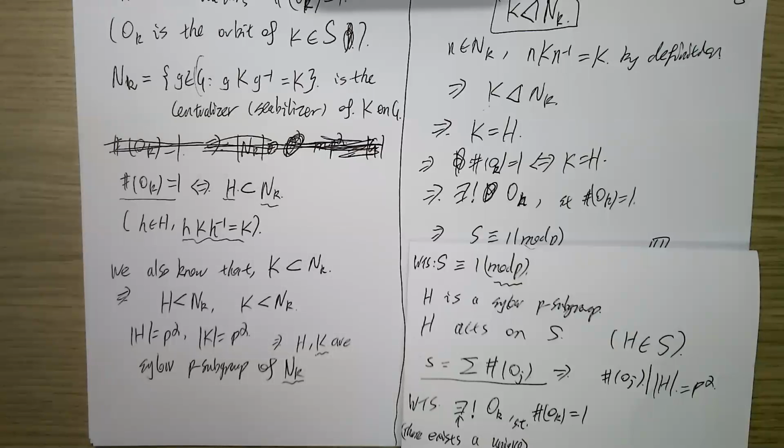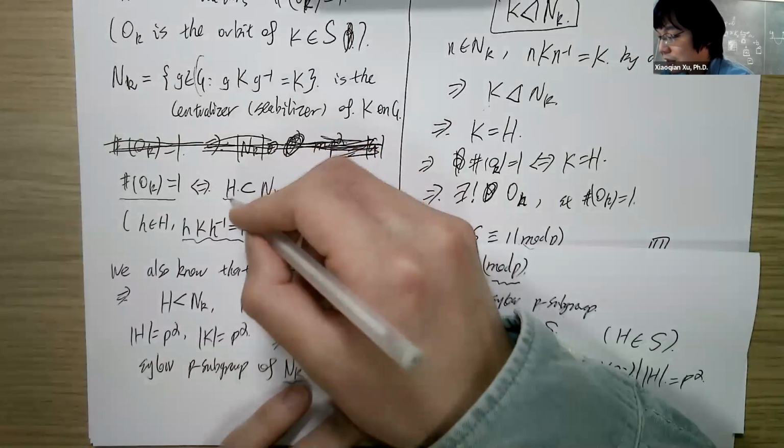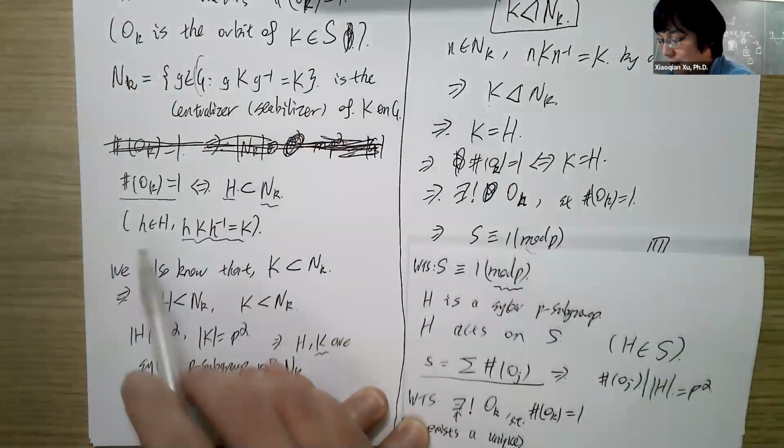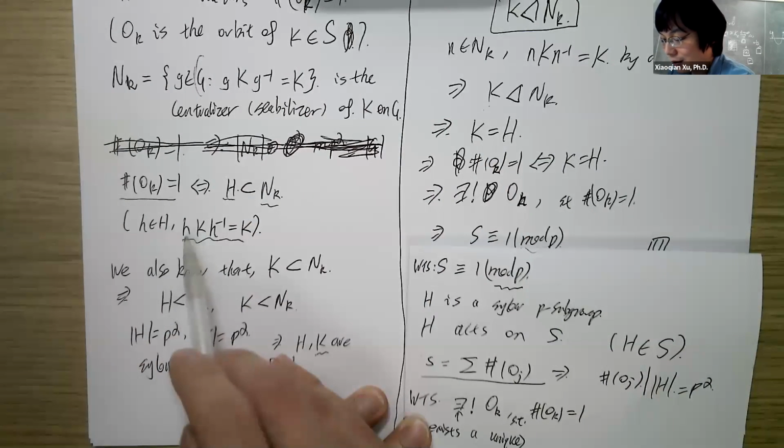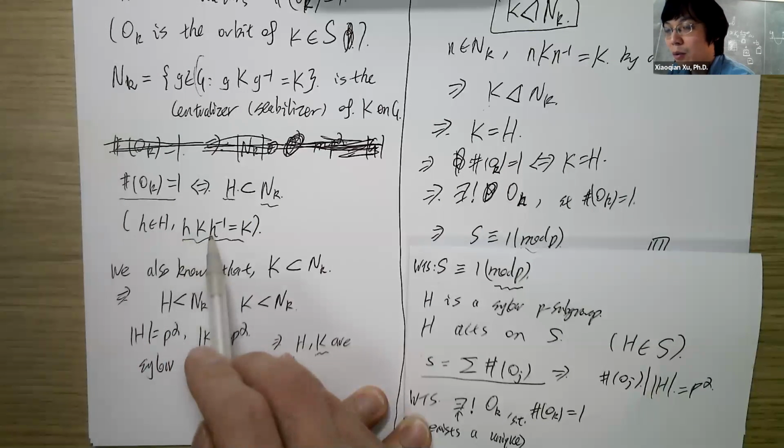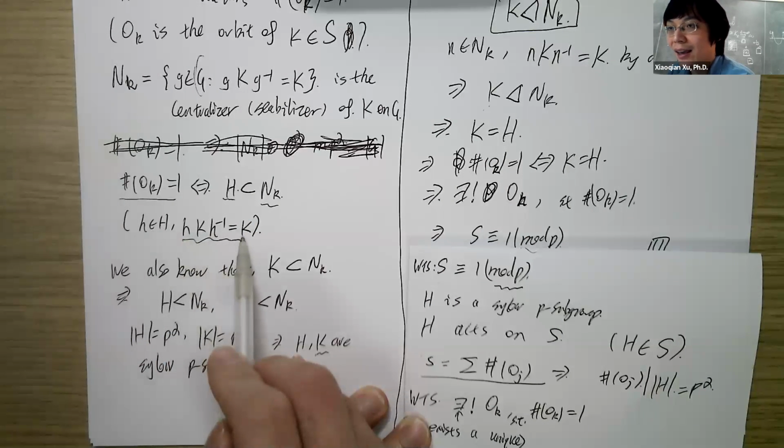So again, when we do the orbits and we say that the number of orbits is 1, it's equivalent to saying that H is a subgroup of the centralizer, and I kind of forgot why. Because the orbit is just 1. That means for any element in H, you take these conjugate operations, it gives you back K, because you cannot get a new group.